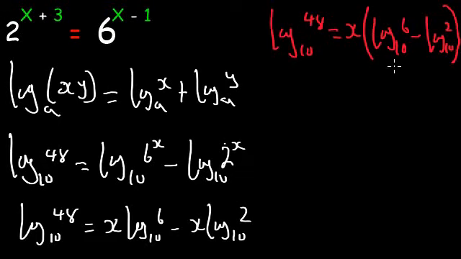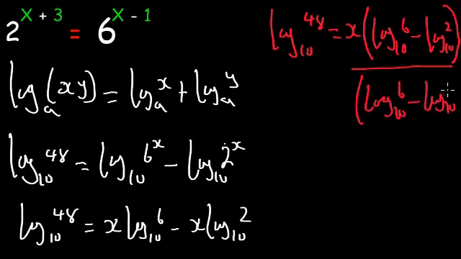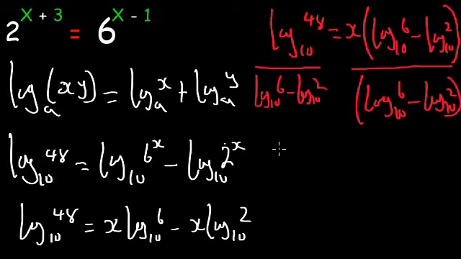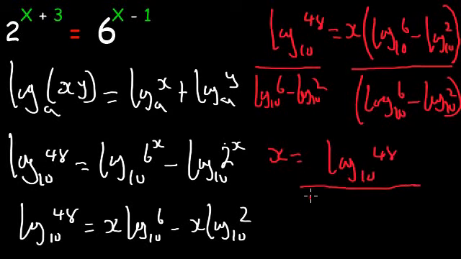So we can solve for x by just dividing both sides by log of base 10 to 6 minus log of base 10 to 2. So finally, the value of x should be log of base 10 to 48 divided by log of base 10 to 6 minus log of base 10 to 2.